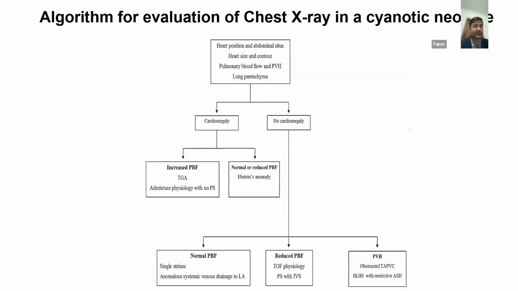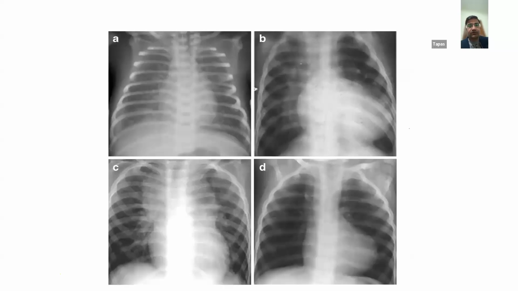So you can see some of the X-rays in the next slide. Next slide, please. So what is this X-ray A? What you can see in this X-ray is there is no cardiomegaly, but you can see there is pulmonary plethora.